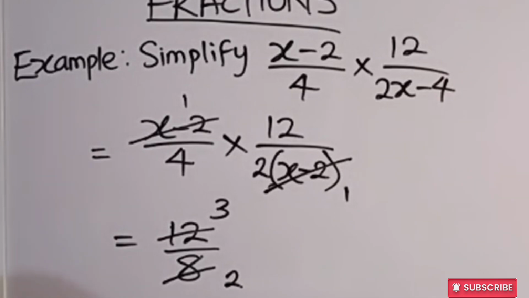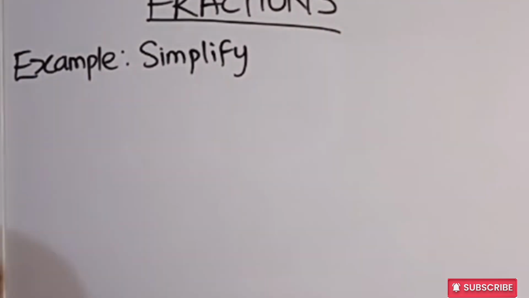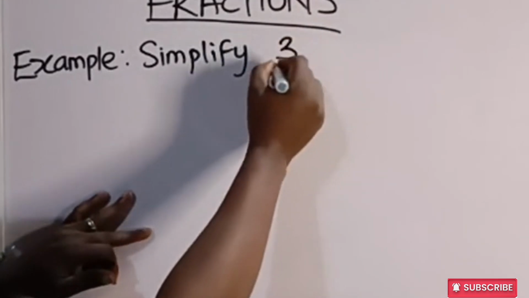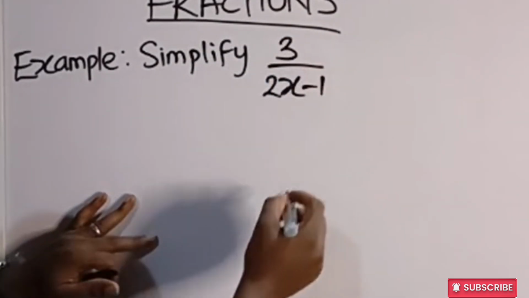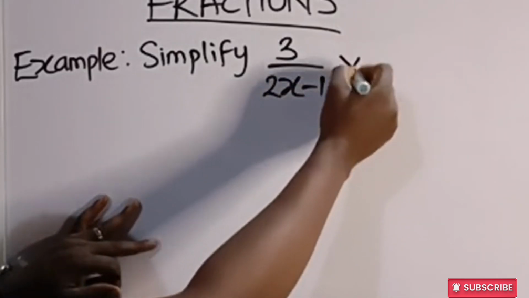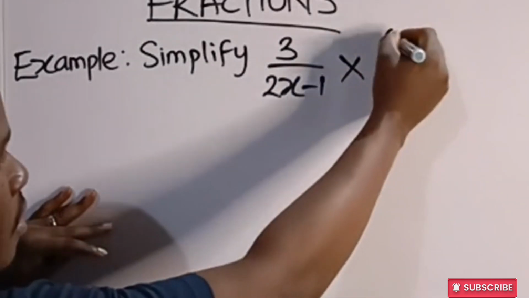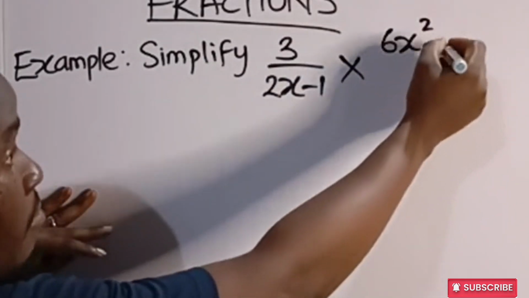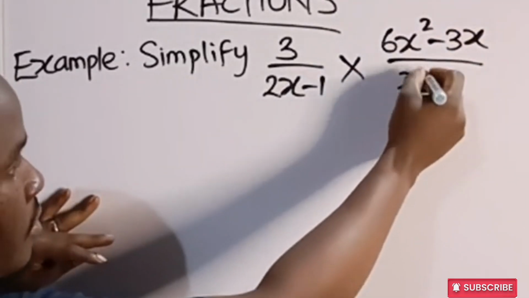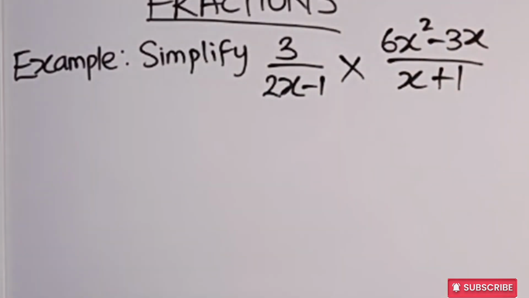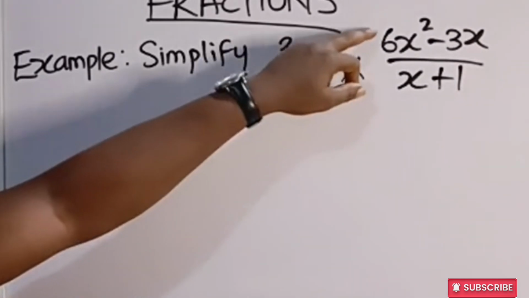Let's look at another example. Six x squared minus 3x all over x plus 1. In this situation, we are factorizing the numerator.